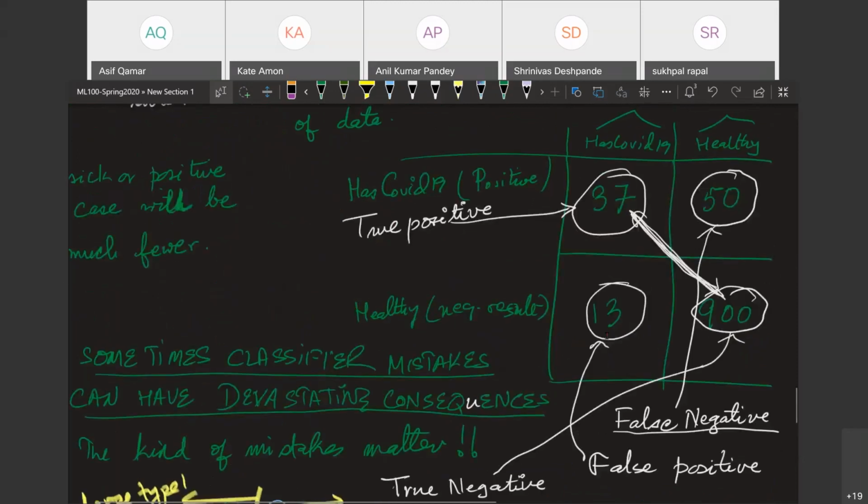So let me ask you this question. Let us take the same example of COVID. Suppose I have a magic box and you come to my testing center and I say that I have such a wonderful test that I can just look at you and tell whether you have COVID or not. And you believe it. You say, well, what is your accuracy?